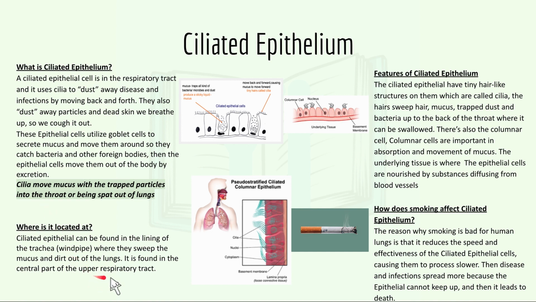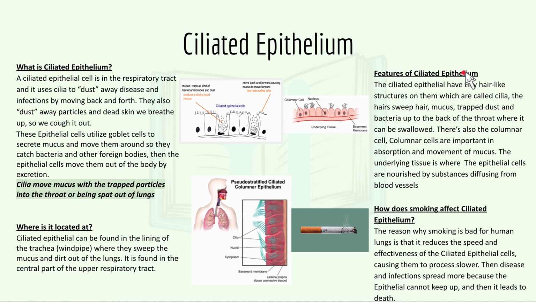And where is it located? Ciliated epithelium can be found in the lining of the trachea or the windpipe, like over here, where they sweep the mucus and dirt out of the lungs, and it is found in the central part of the upper respiratory tract, as you can see here.